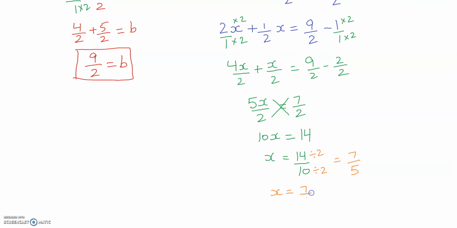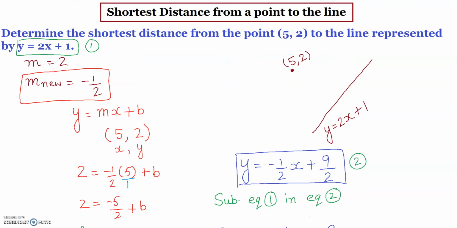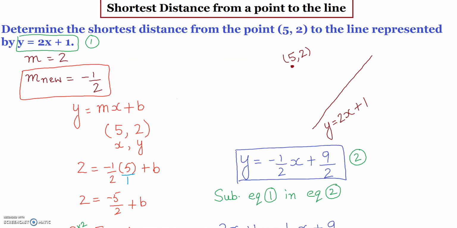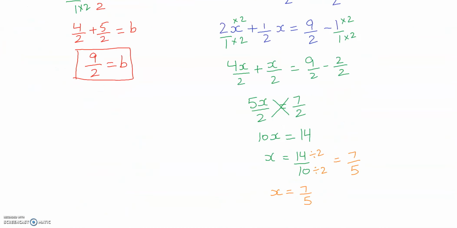I can substitute this value in one of the equations. One was the given equation, one is the new one. I will substitute in the given one, which is y equals 2x plus 1, and I will solve for y. I will do it on the side. y equals 2x plus 1. Instead of x, I will substitute 7 over 5, plus 1: 14 over 5 plus 1.